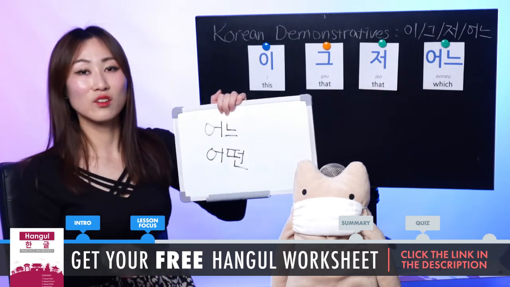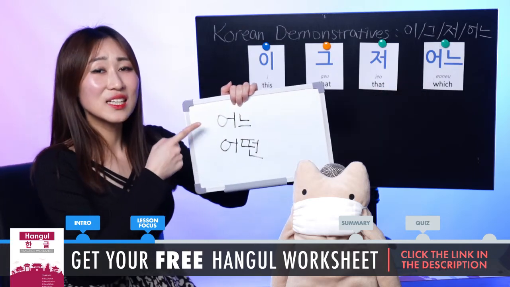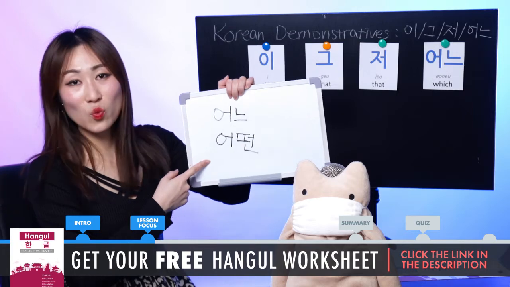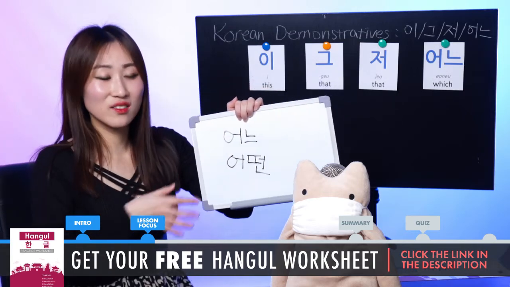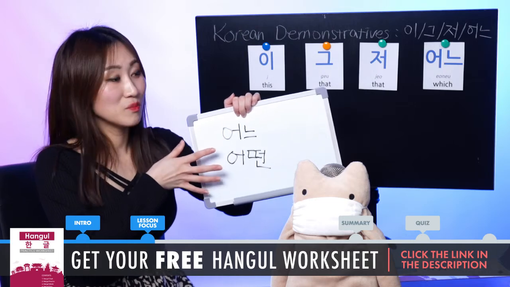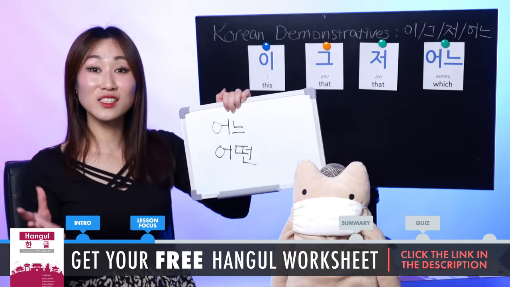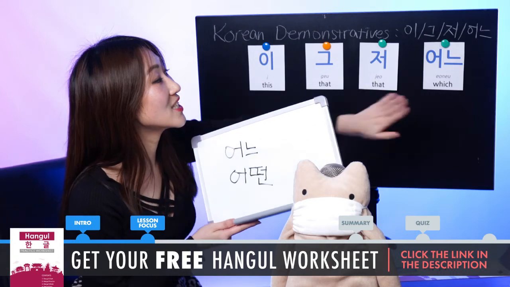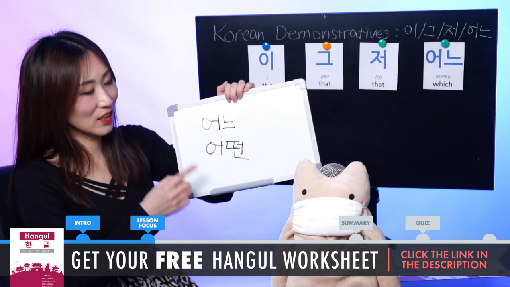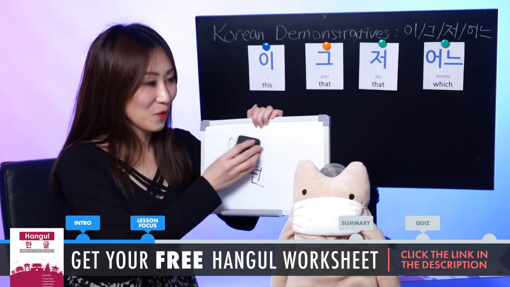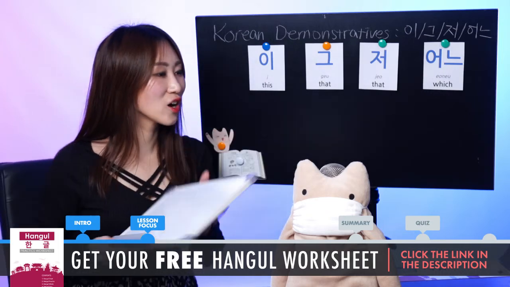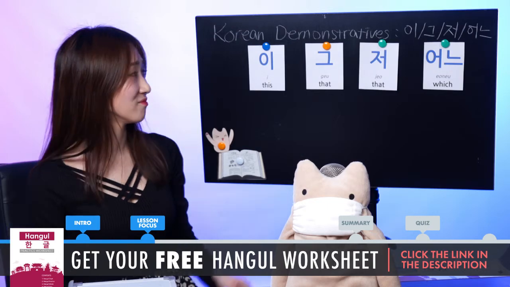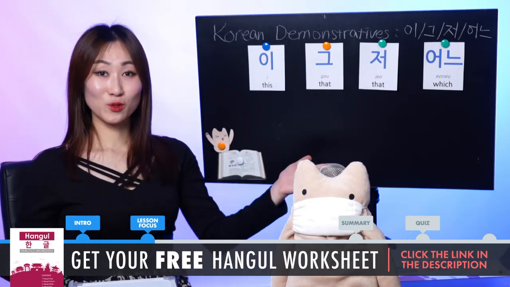Again, the difference is 어느 is which, 어떤 is what kind. In many cases, when you make a question, a lot of people just mix these, and in many cases it works. But strictly, 어느 means which and 어떤 means what kind. I thought it would be hard, but it's so easy. I know. That's all.